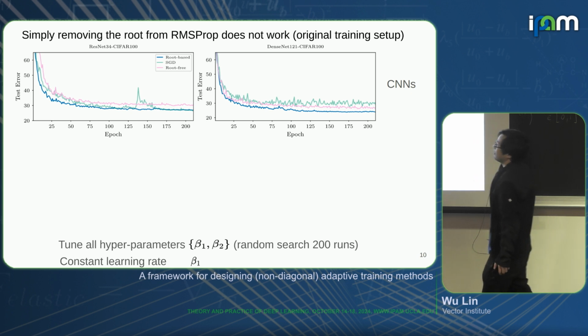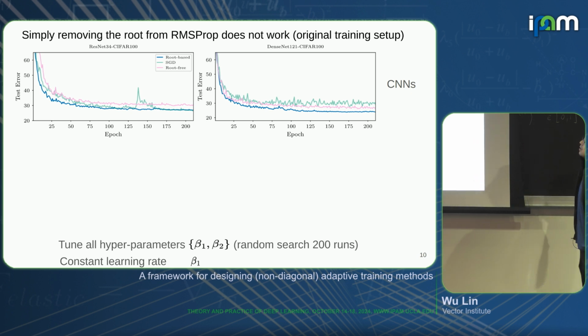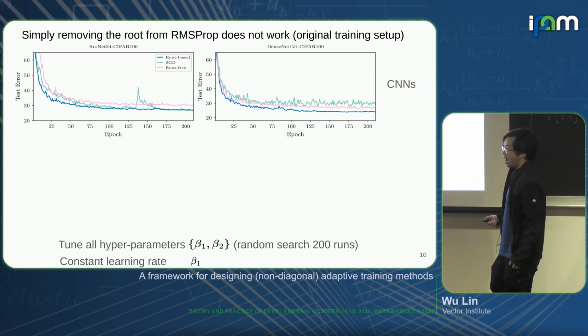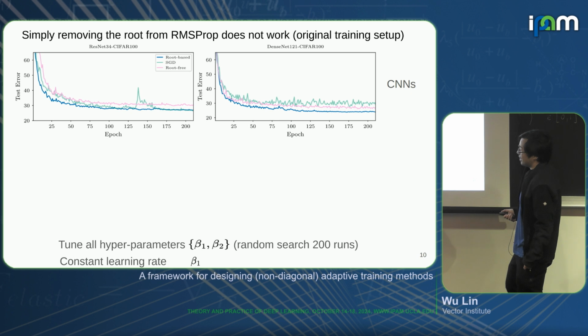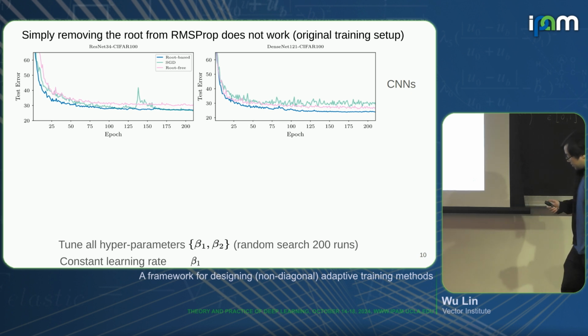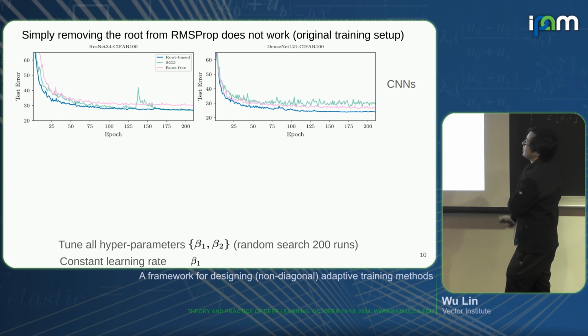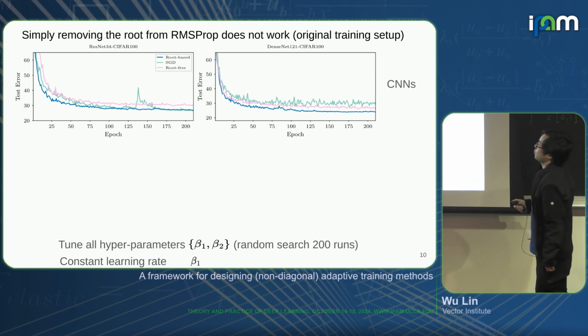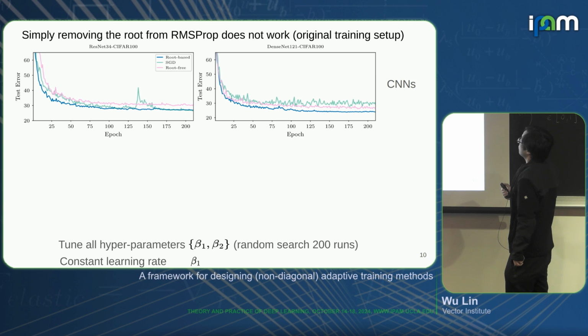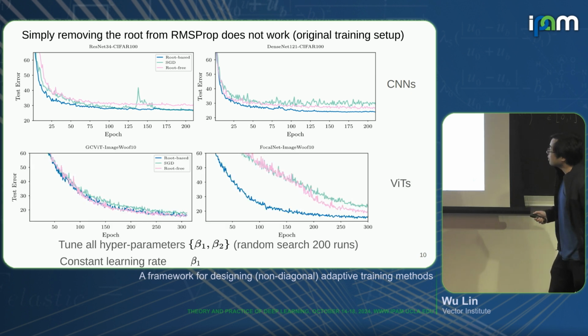It turns out that simply removing the square root from RMSProp doesn't work, at least using the original training scheme, where we use a constant learning rate and tune all the hyperparameters, including beta 1 and beta 2. As you can see in these two figures, the root-based method outperforms the root-free method on convolutional neural nets.